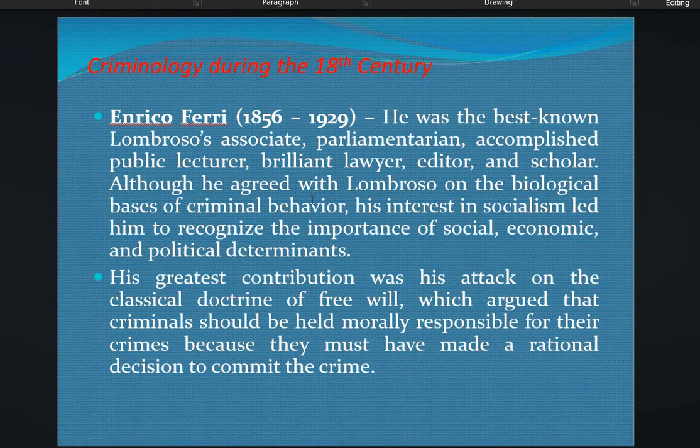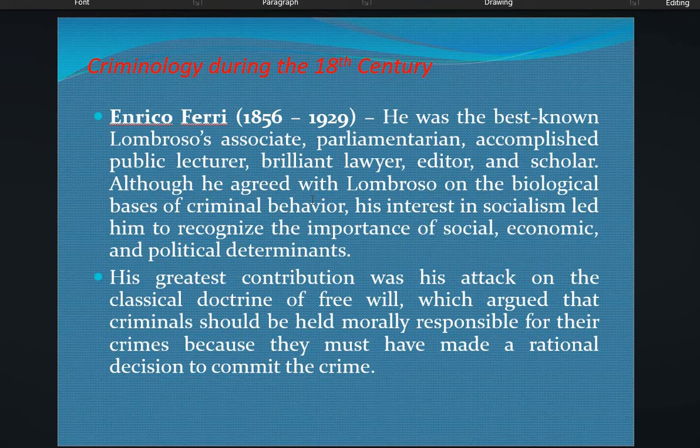So take note, babanggitin na naman natin si Classical. Classical School of Thought was founded or was proposed by Cesar Beccaria. But according to Enrico Ferri, which is one of the associates of Lombroso, ang kinokontra niya dito is the doctrine of the classical school of thought, which is the free will. Na kung saan, sa free will nga naman kasi, since we have our individual free will, pwede natin gawin lahat.